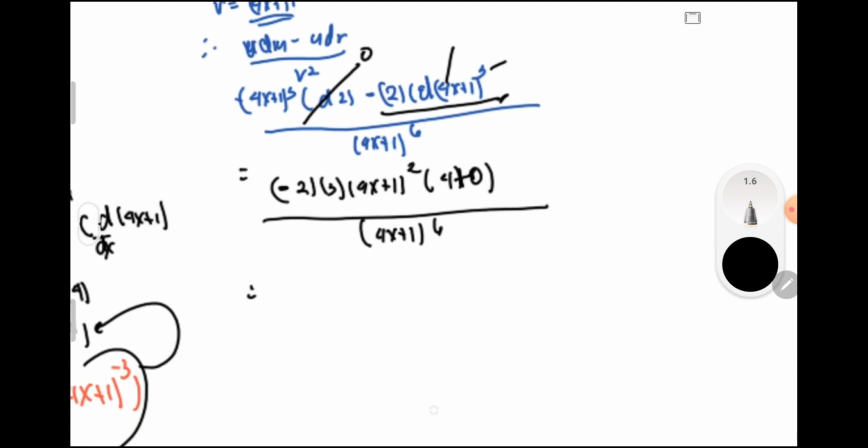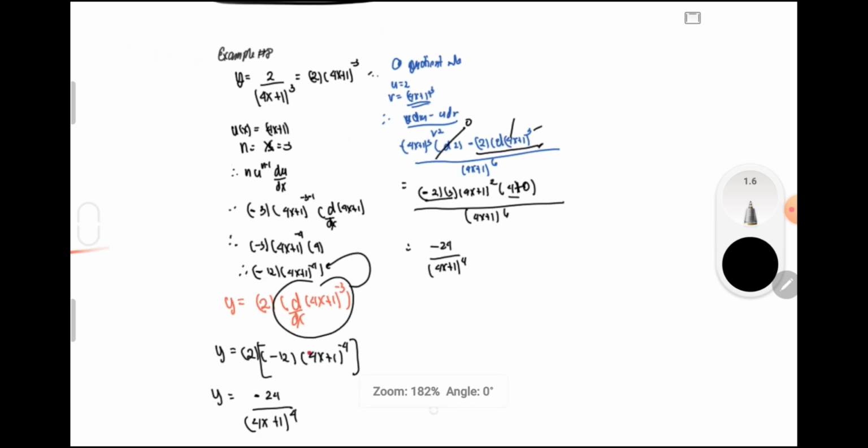So from this we'll have a value of negative 6 multiplied by 4 is negative 24 divided by 4x plus 1 squared divided by 4x plus 1 raised to 6 is equal to 4x plus 1 is to 4. Yan, parehas lang sila. Okay, that is our quotient rule and our power rule. Okay, so yan yun.